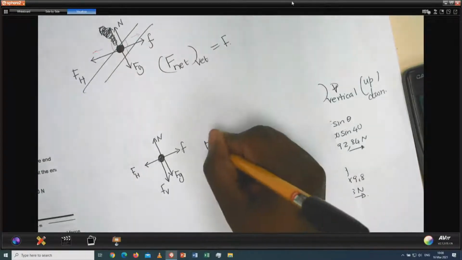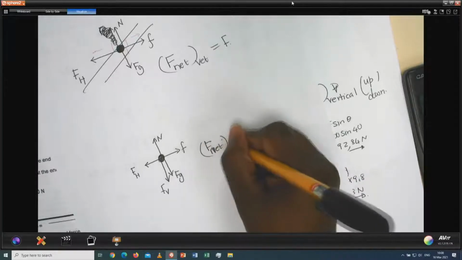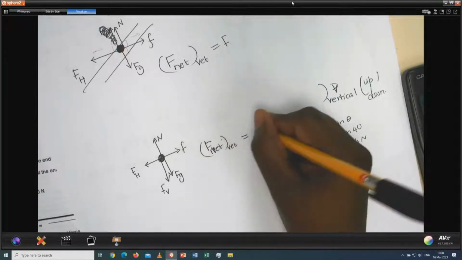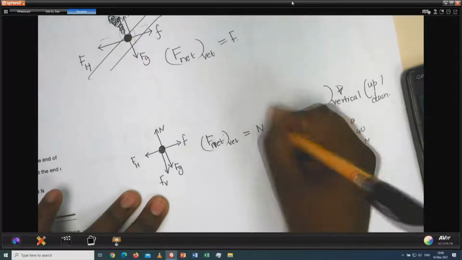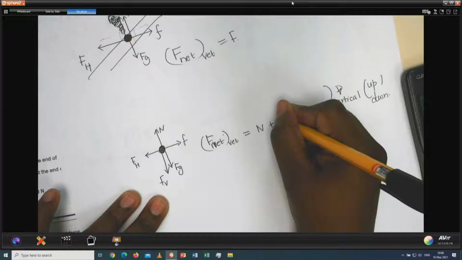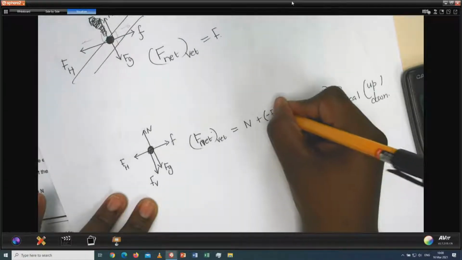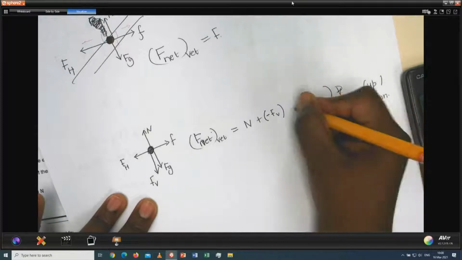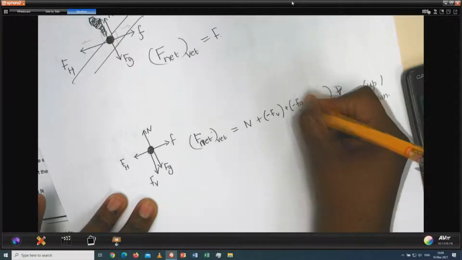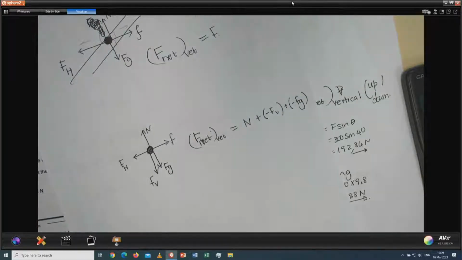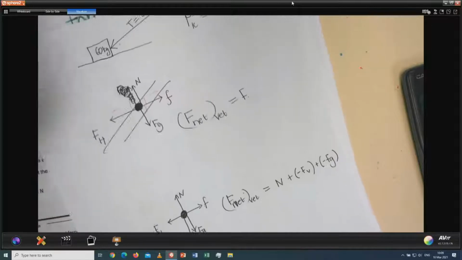Yes. Then the F net vertical is equal to the sum of all the forces that are acting. F net is N plus, now FV is in the other direction, so it is minus, plus FG. I write it this way because I want to emphasize the definition of net.